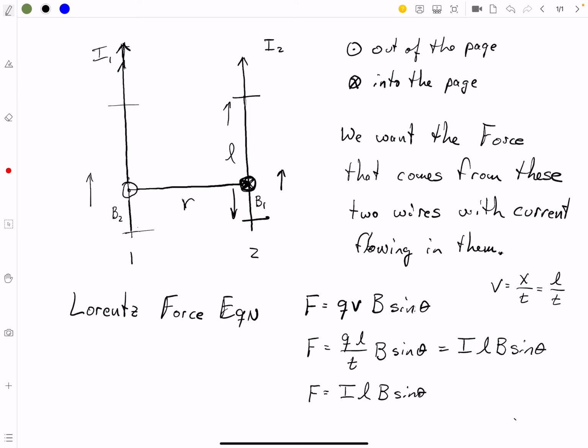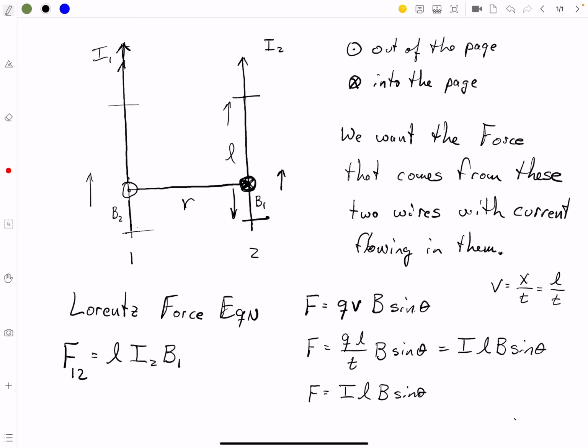And when we apply it to this situation, we want the force of 1 onto 2. Okay? So we've got this length of wire. We've got the current of 2 times the B field from 1.